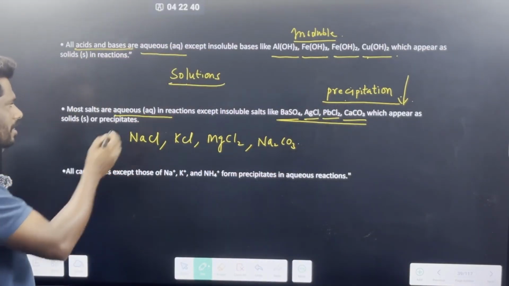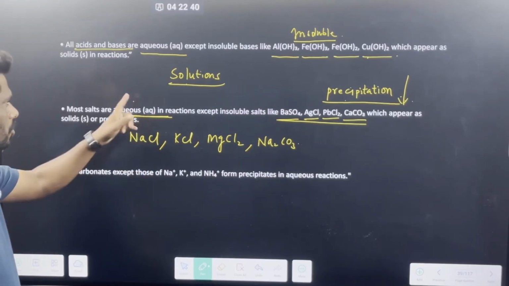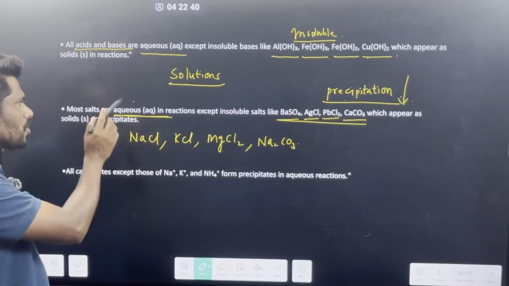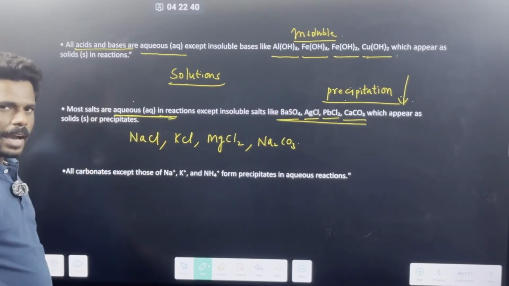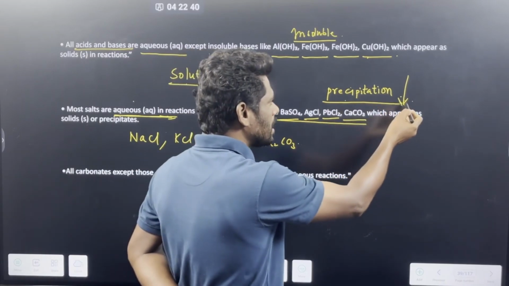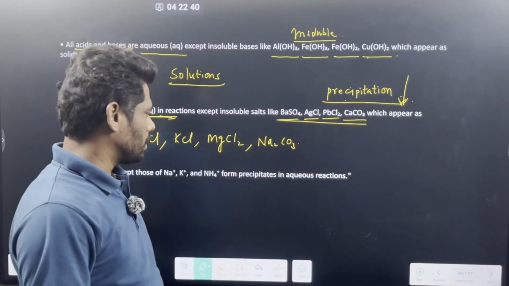All other salts, mention as aqueous solutions because these are soluble in water. Any salt which is soluble, write as aqueous solution. Any salt which is insoluble will settle down at the bottom of the container as a precipitate. So write it as a precipitate.